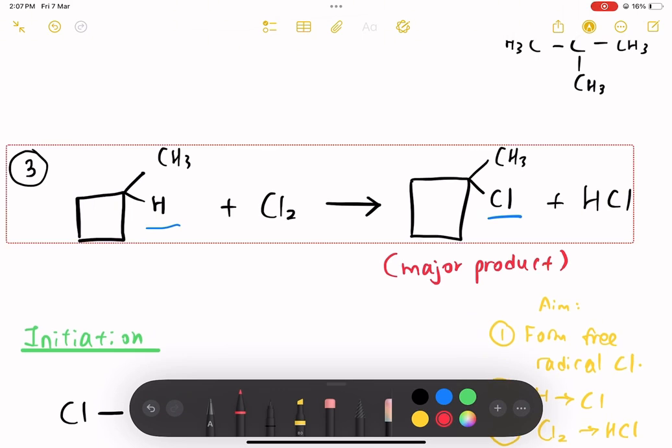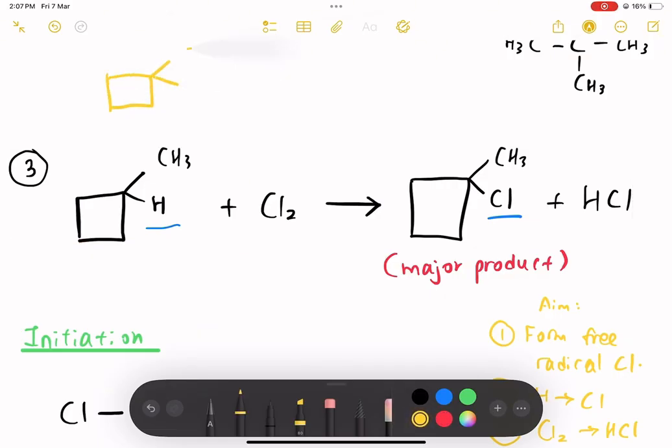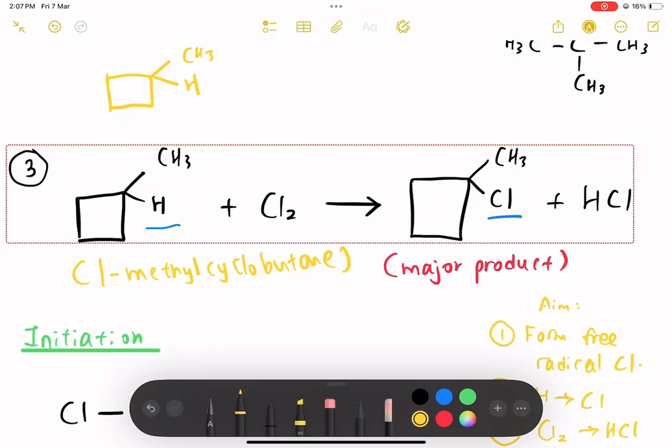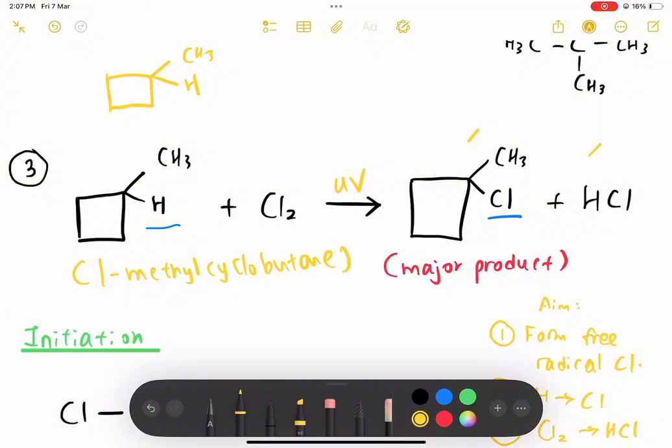So see here. This is 1-methyl-cyclobutane. When it reacts with Cl2 in the presence of UV, then it will form this product and this product. So you may be first wondering why it doesn't form this one.